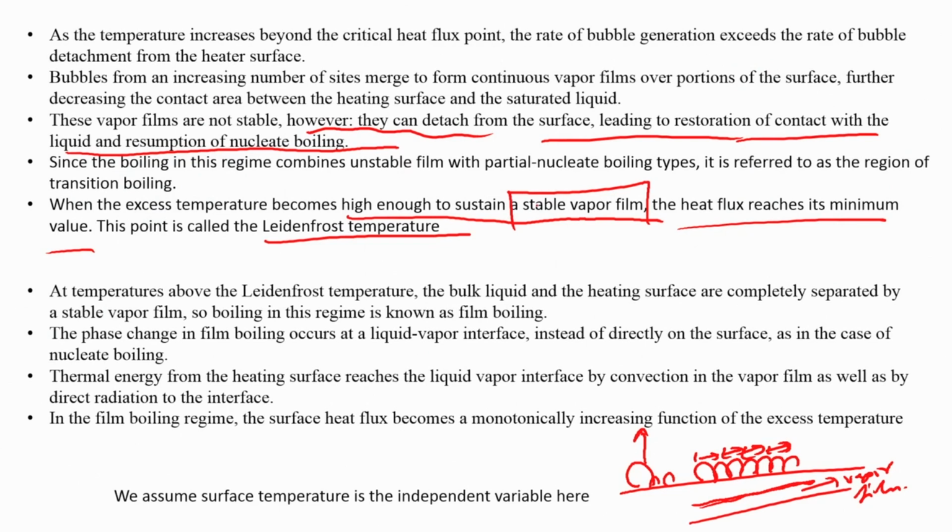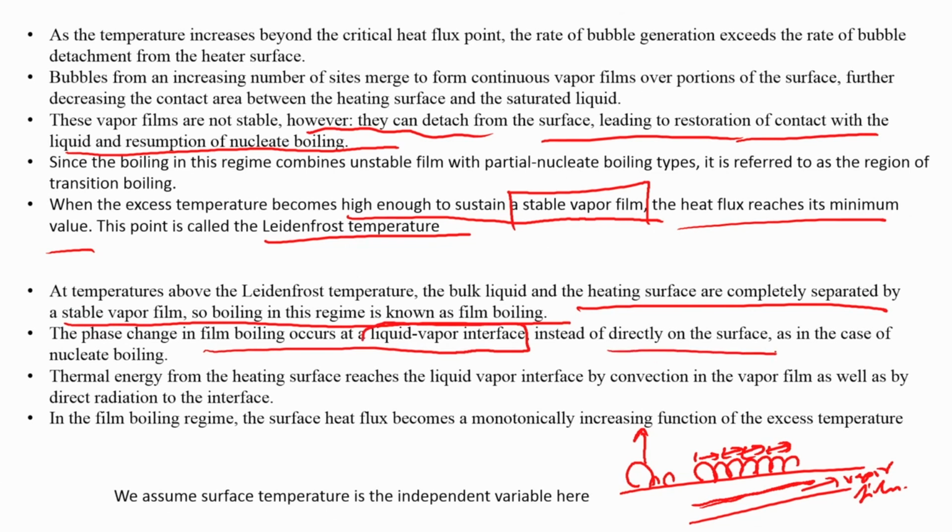At temperatures above the Leidenfrost temperature, the bulk liquid and heating surface become completely separated by a vapor film. This is called film boiling. The phase change in film boiling occurs across the liquid vapor interface instead of directly on the surface. So, if this is the surface, there is a vapor film of thickness delta that sits over it, and then you have the liquid.